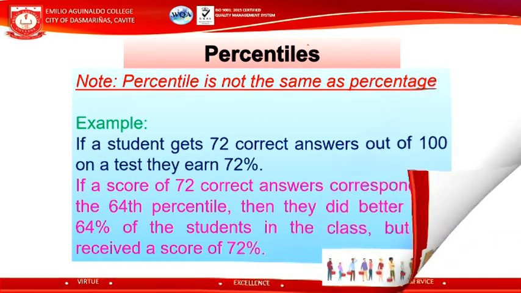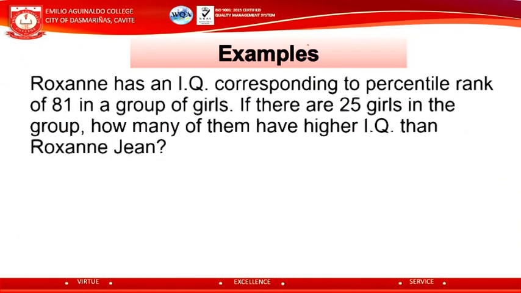Let us have some other examples about percentile. Roxanne has an IQ corresponding to the percentile rank of 81 in a group of girls. If there are 25 girls in the group, how many of them have a higher IQ than Roxanne Jean? First and foremost, let us try to visualize what is actually happening in the problem.